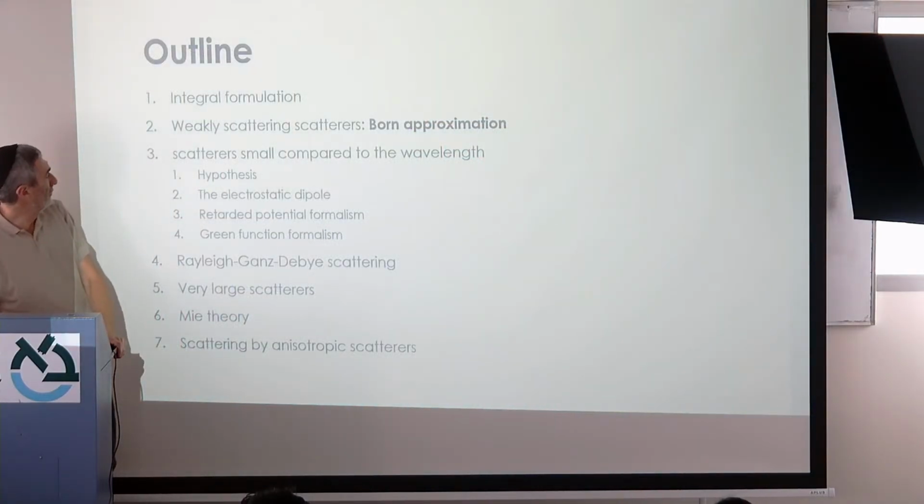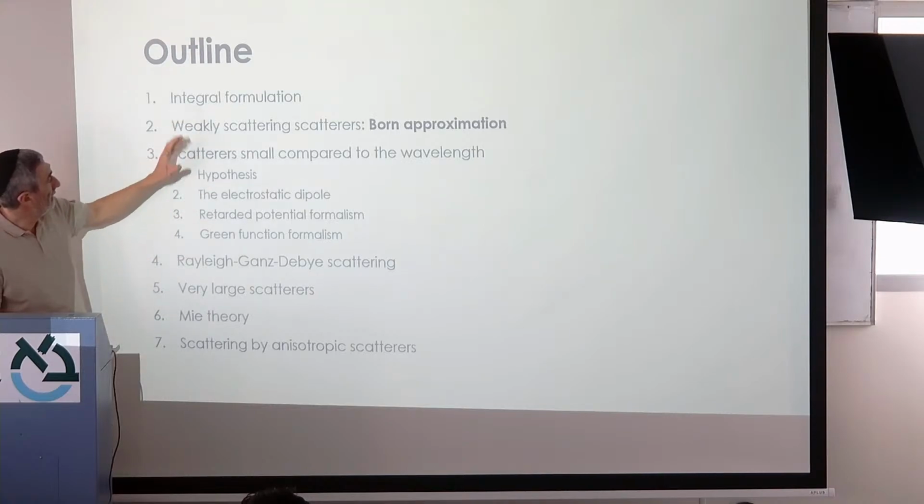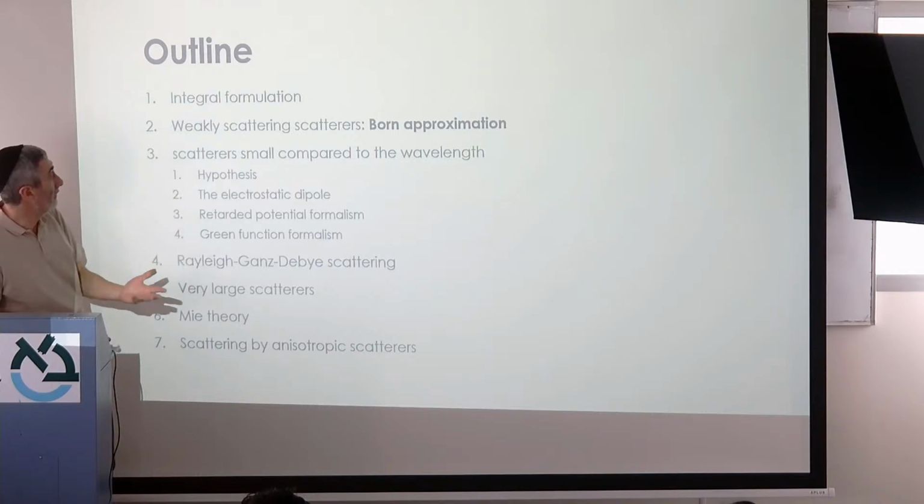So let me outline the course today. I will first give you the general formulation for the scattering of light using the Green's function. Okay, this is called the integral formulation. You see, it's a formula that is difficult to use. So we'll go into some approximations.